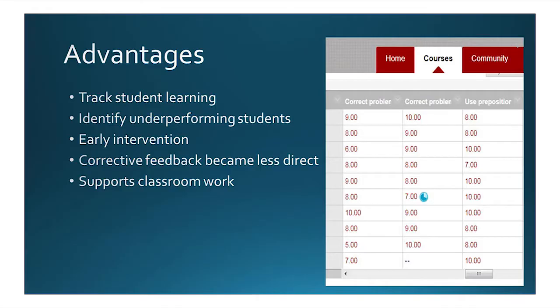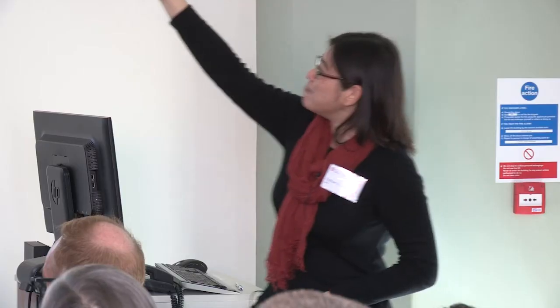So the advantage of using technology in a course like mine is that I'm able to track students' learning. If you're familiar with Blackboard or Canvas, you're able to take a look at who is doing what when. So I'm able to track individual students' learning.